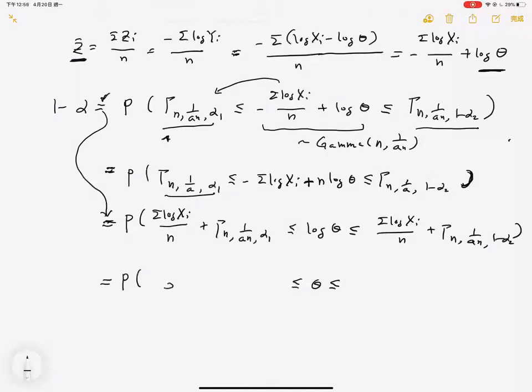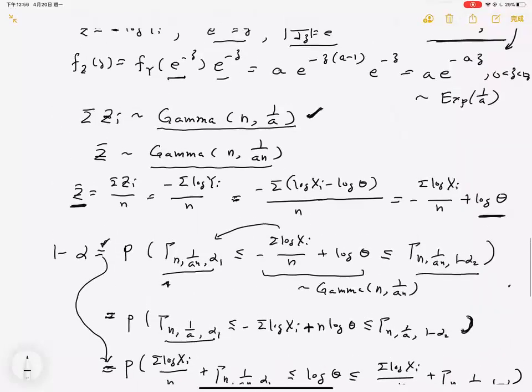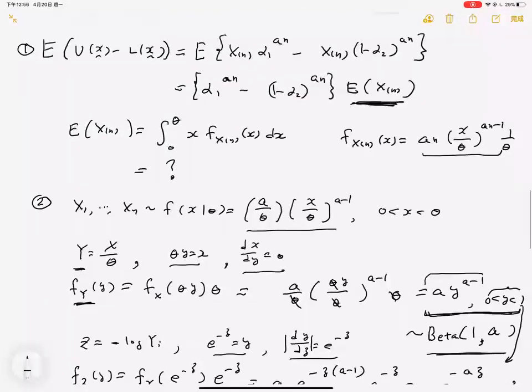Really nothing but exponential of both, right? So that means using this approach, you got a totally different 1 minus alpha confidence interval compared to the CDF methods.